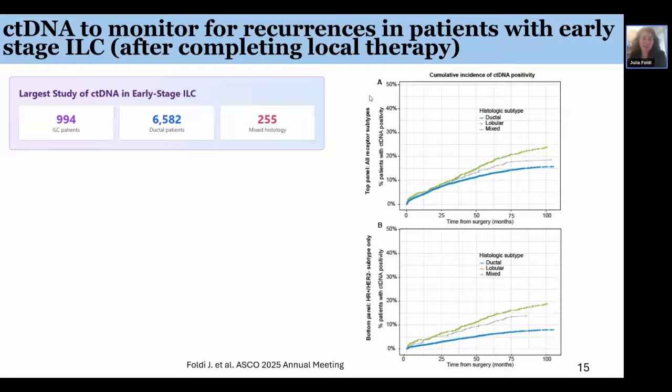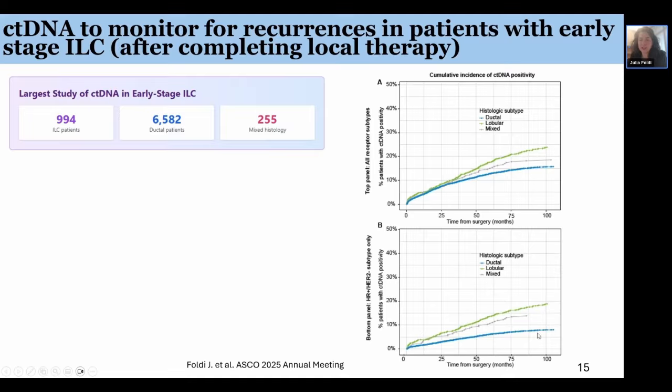So you can see here, these are on top, all of the patients we looked at, and on the bottom, the patients who had estrogen receptor positive breast cancer. And both show that in patients with lobular breast cancer compared to those with ductal in blue, there is a higher incidence of turning ctDNA positive during follow-up, up to almost 20% by 10 years, or almost 10 years out.